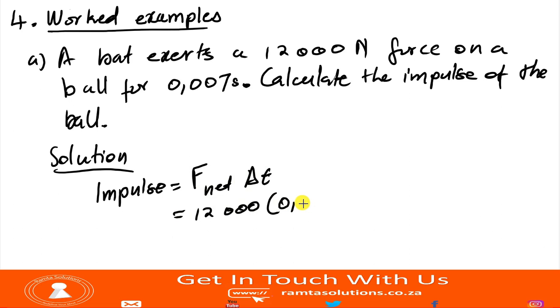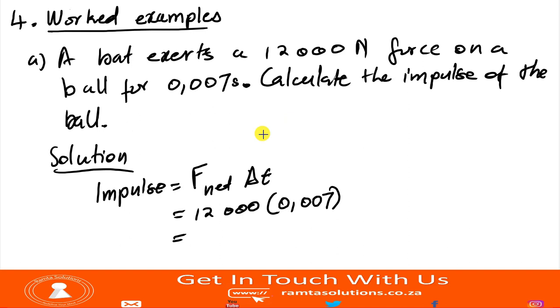This impact lasted for 0,007 seconds. So what is our answer? 12,000 times 0,007 is, let's see, 84.